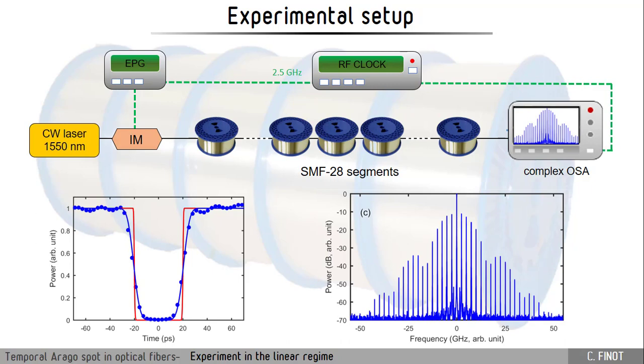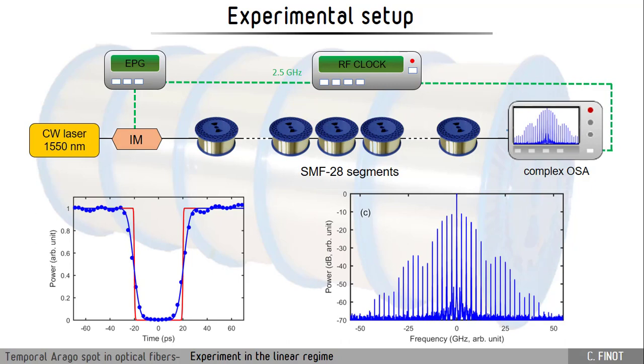We can see that the shape in the temporal domain is also quite symmetric, that we have a very nice extinction ratio. And if we go to the spectral domain, we see that the spectrum is also symmetric, and that the optical signal-to-noise ratio is also very nice. It is more than 60 dB of optical signal-to-noise ratio, so a very clean initial signal.